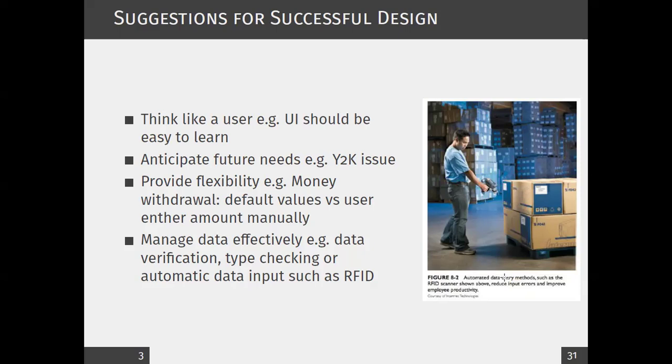So what if you have 12,000 in the account and you want to withdraw 12,000? You should allow your user to enter the amount manually. So that's what I mean. When you're designing a system, you should provide all these options. Maybe the user can select from what is existing, and at the same time, you give the flexibility to the user to enter any amount they want.